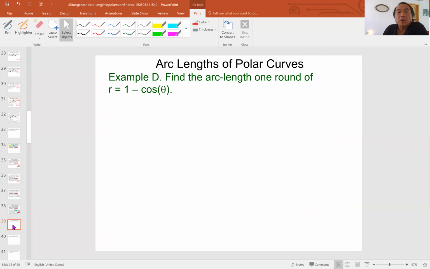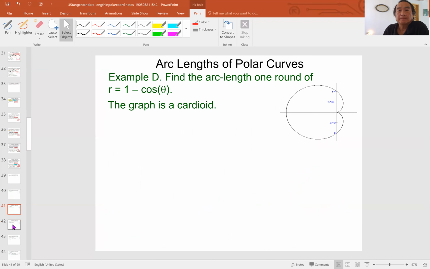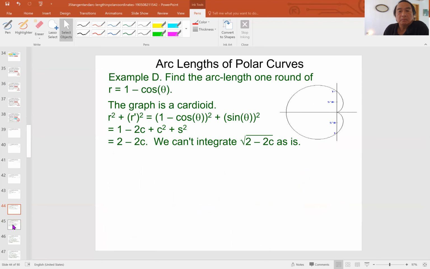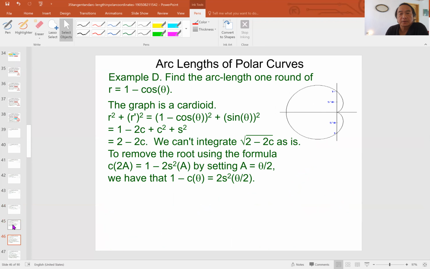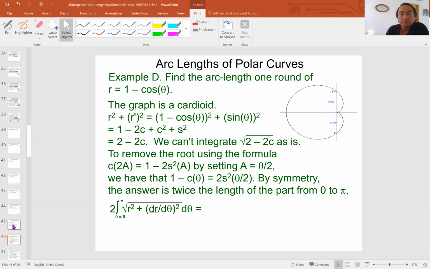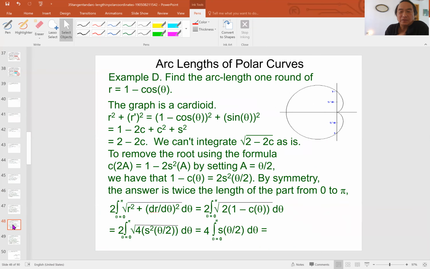Here's another example of arc length, and I'm going to let you read the algebra. Okay, so how it works. So okay, the integration part, I'm not going to repeat.